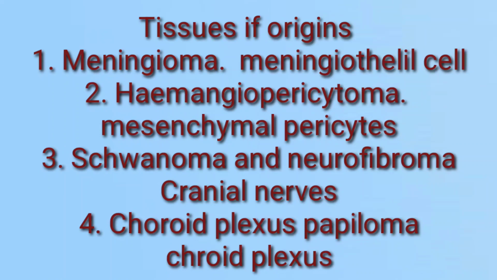The epidermoid and dermoid cysts are actually developmental cysts. These are tumor-like lesions. The choroid plexus papilloma arises from the choroid plexus. So these are all the extraaxial tumors, while intraaxial tumors are classified according to the WHO classification, which we are going to discuss later.